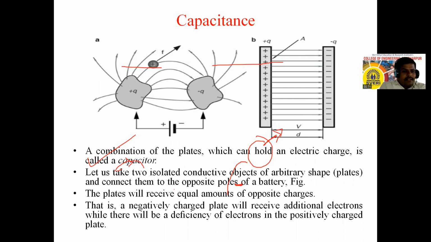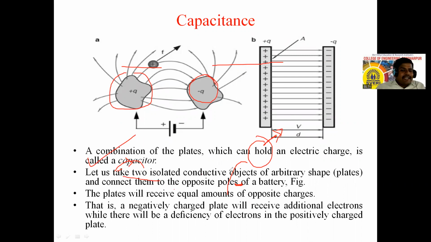Let us take two isolated conductive objects of arbitrary shape. Here are two conductive objects, positive Q and negative Q, right? That means one plate holds the positive charge, having any shape, and one plate holds the negative charge, having any shape.